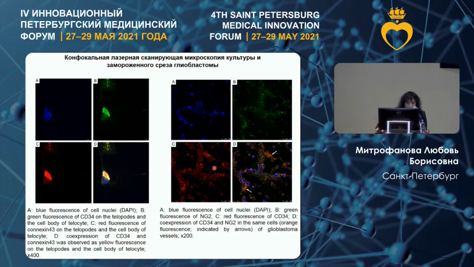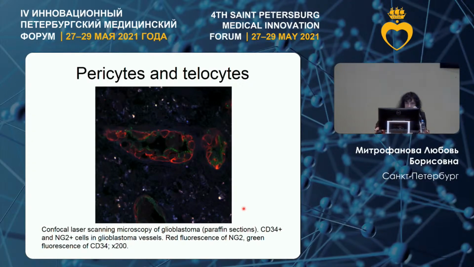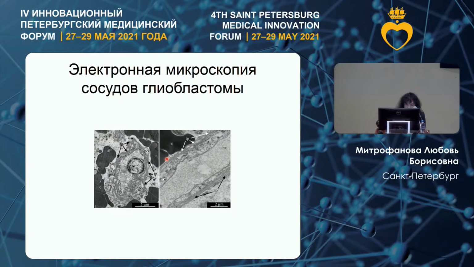And in our culture, we discovered that the telocytes of glioblastoma can transmit electricity. And we discovered one more mixed immunotype. It's a mixed type. This image, I like it a lot because it shows how strong the vessels of glioblastoma are.